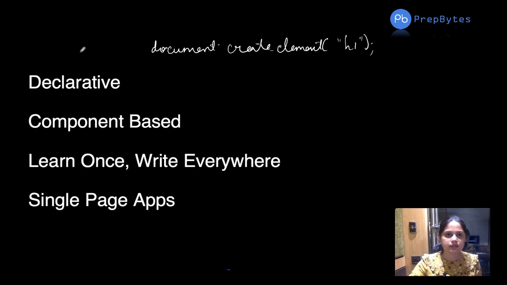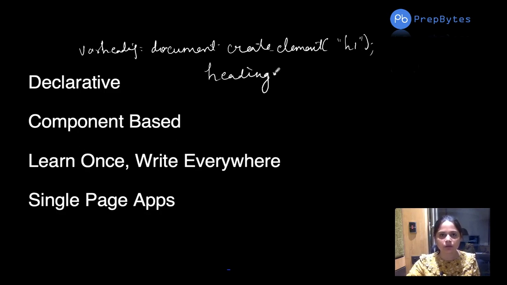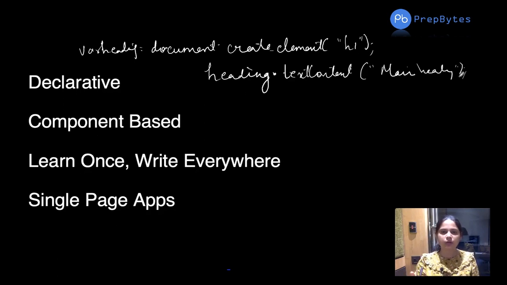Let's say this is the heading. Now I'll say heading.textContent, and let's say I give some text content, main heading. Now here JavaScript, or the browser for that matter, doesn't have to think much. It just has to go ahead and do the execution. I have written in the code everything that has to be done.